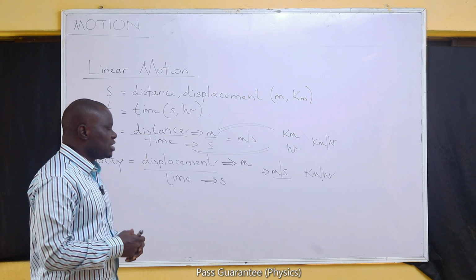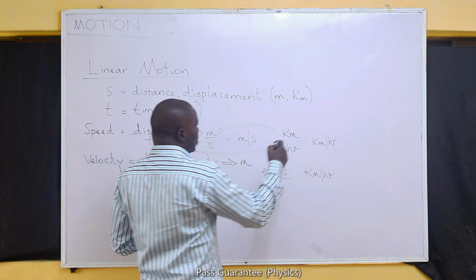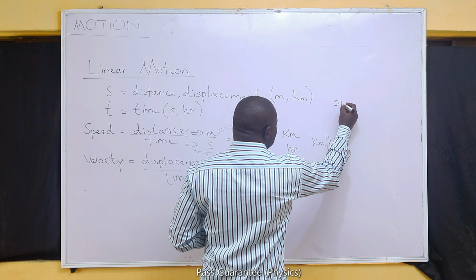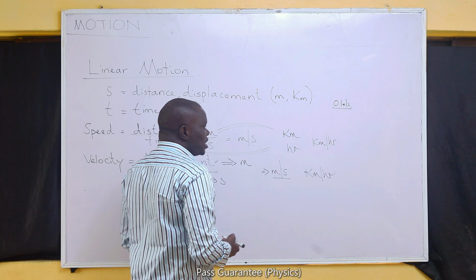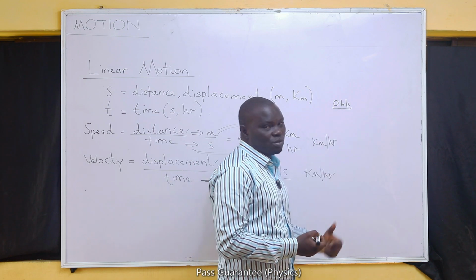If, for example, I start with a velocity of 0.1 meters per second, of course, when you compare this with the value that I wrote for the speed of light, this is almost negligible.